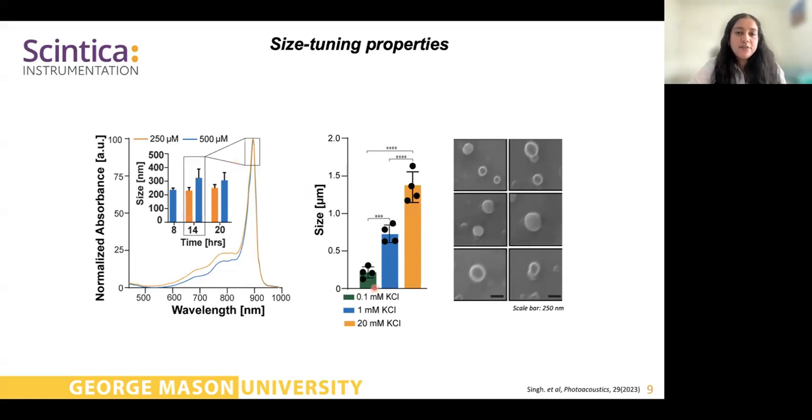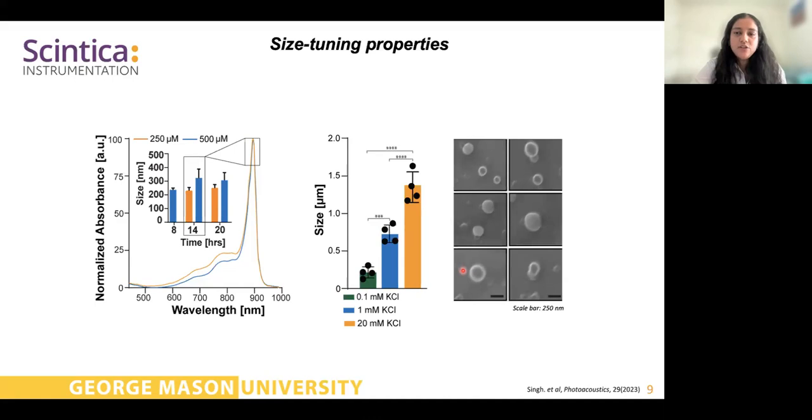So effectively, if we lowered the KCl concentration to 0.1 millimolar, we observed that the average size of the aggregates was lowered to the 220 to 250 nanometer range. And when we increased the salt concentration, we observed a slight increase to 600 nanometer. And at the highest salt concentration, which was the formulation we used before, we were obtaining aggregates in the micron size range.